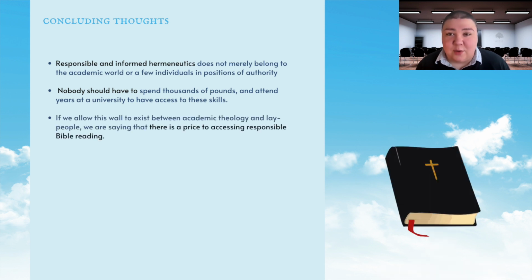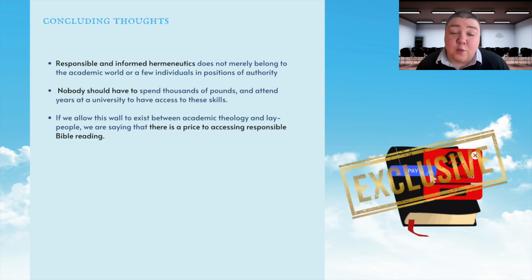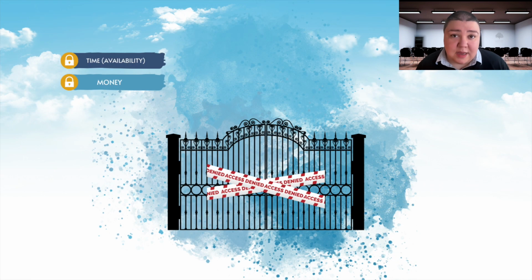If we allow this wall to exist between academic theology and lay people, we are saying there is a price to accessing responsible Bible reading. The wall then becomes made up of time and money. And with that, you can also add class, geography, and many other privileges.